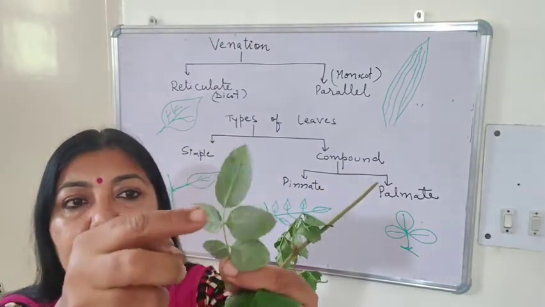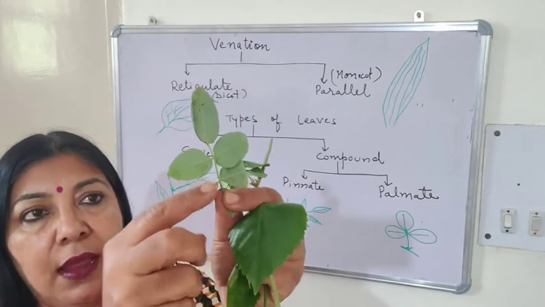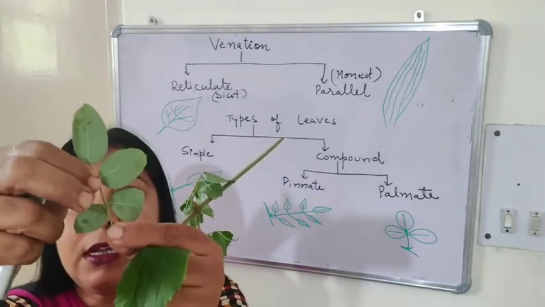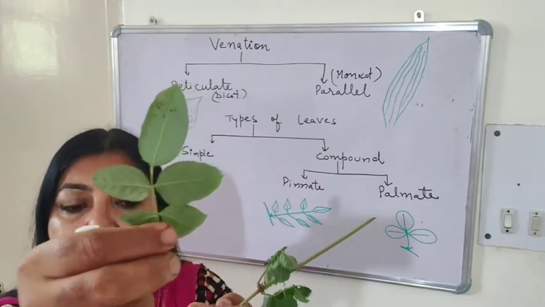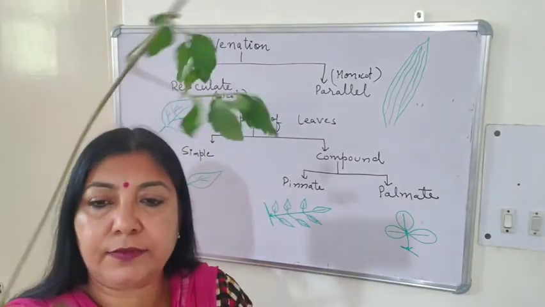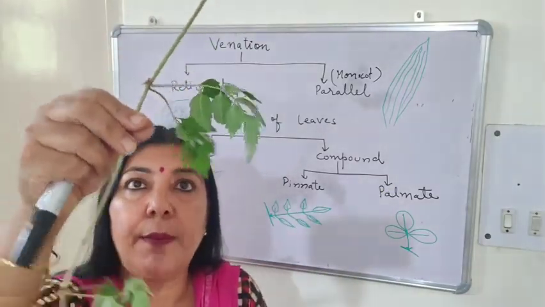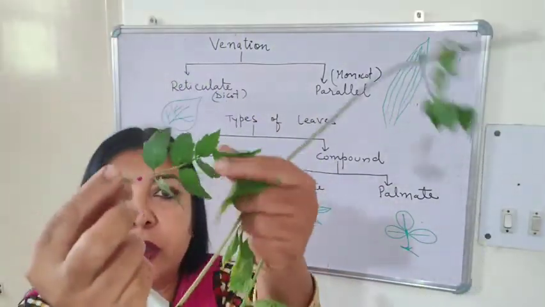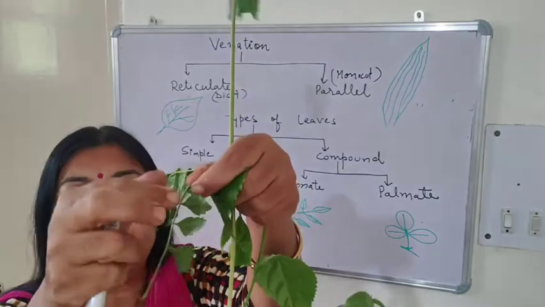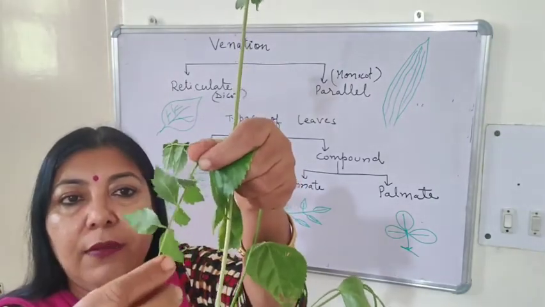This lamina is showing incision, and that incision is touching the midrib. So this is a compound leaf. Likewise, this is a branch with a compound leaf. This is one leaf because the incision is touching the midrib.